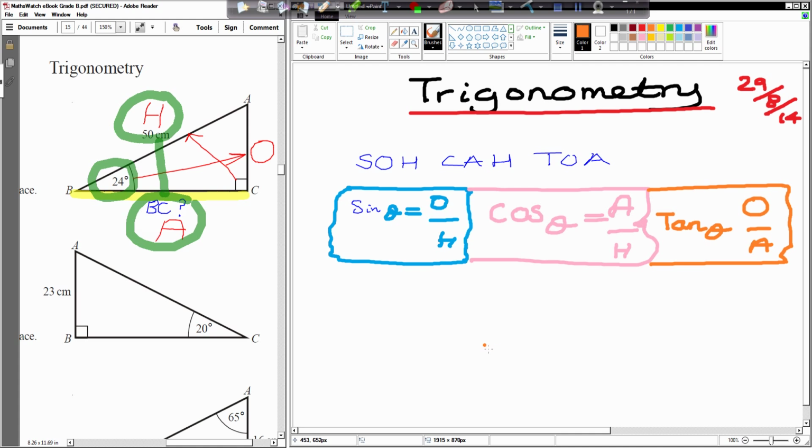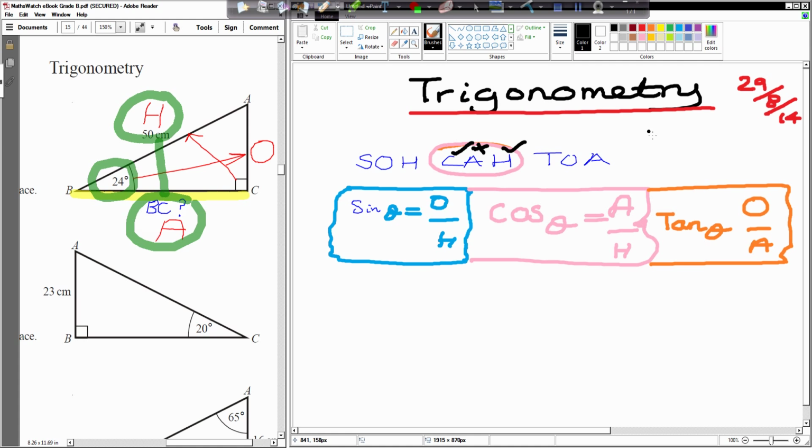Now, in our question, we said we had our question connecting A and H. So when we look at our diagram, A and H are in which one? In CAH. So we're going to be using CAH in this particular question. So we know the cos of the angle, and we know the hypotenuse, and we don't know the adjacent.